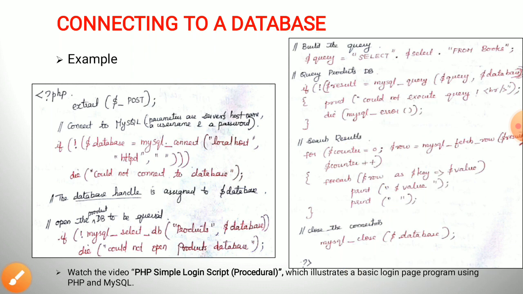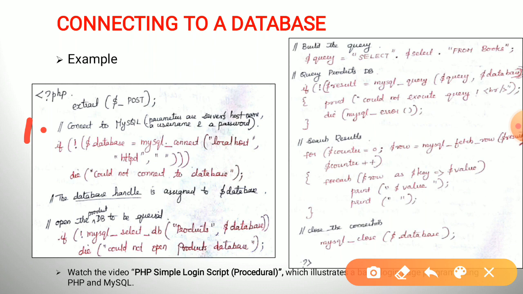Now the steps in connecting to a database in PHP are: first step is connect to MySQL. From our PHP script we have to make a connection to the MySQL database. Once the connection is established, we need to open the product database. Our database name is product database. The third step is to build the query based on the request from the user, and the fourth is to pass this query to the database, or query the product database.